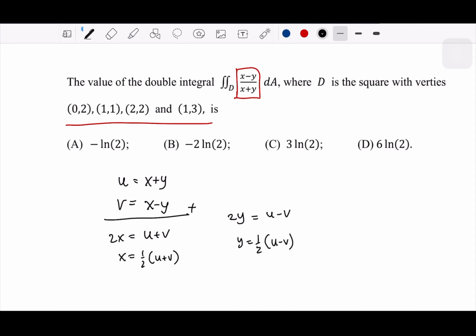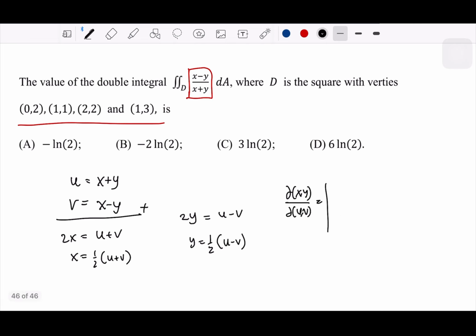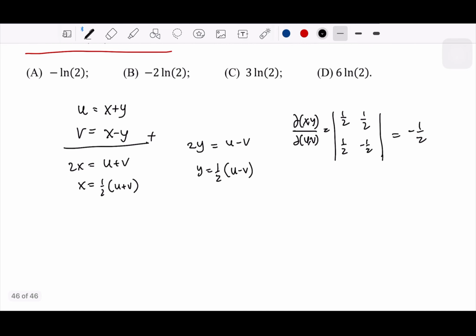Okay, and take the Jacobian. It's half, and then half, negative half. This is supposed to be negative half or still half. Okay.